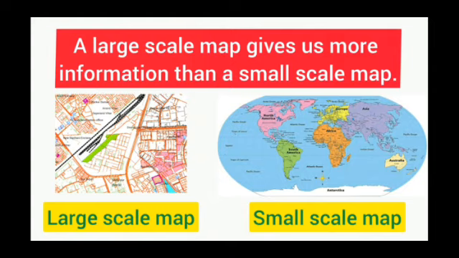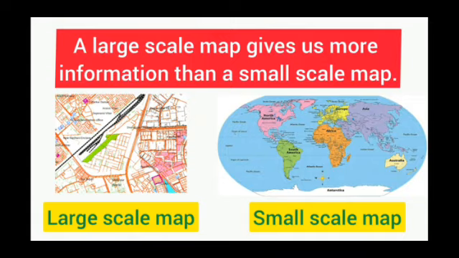That means 6 centimeters on the map shows 600 meters on the ground. As it is a small area, we can get more information on the map. Hence, you can conclude that a large scale map gives us more information than a small scale map. I hope the difference between large scale map and small scale map is clear to you.